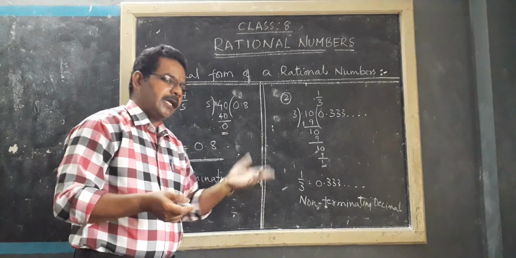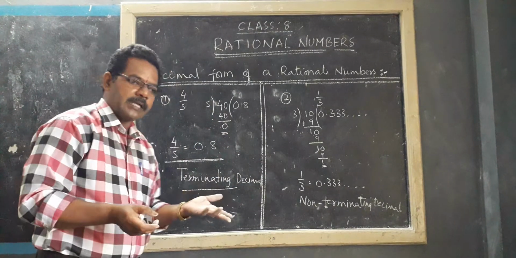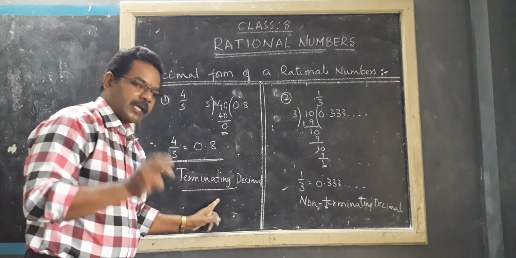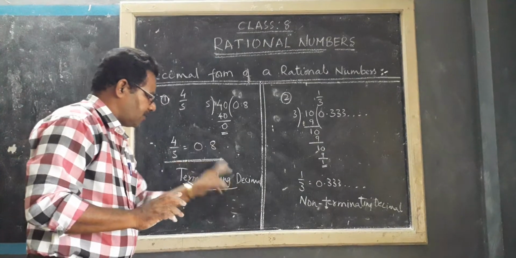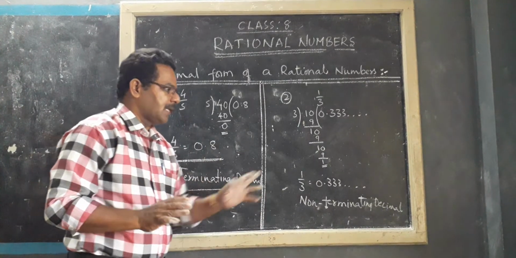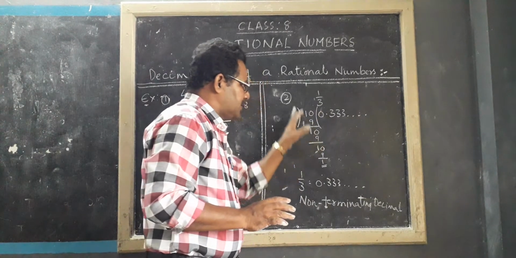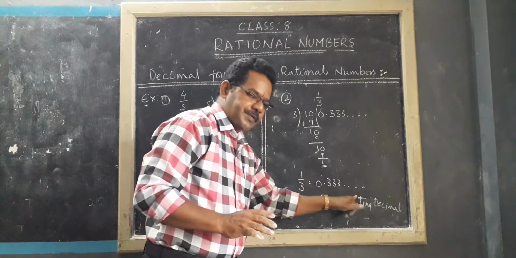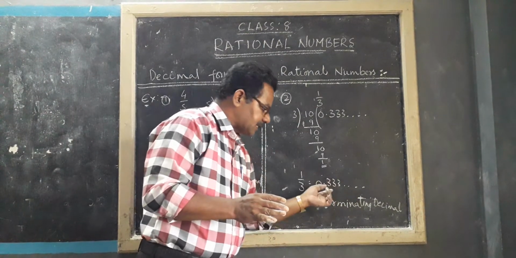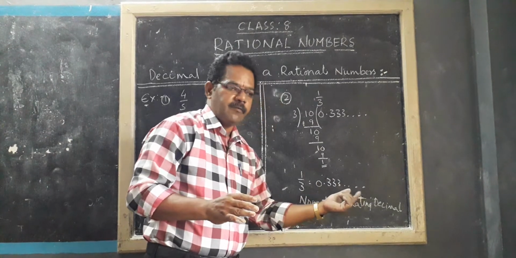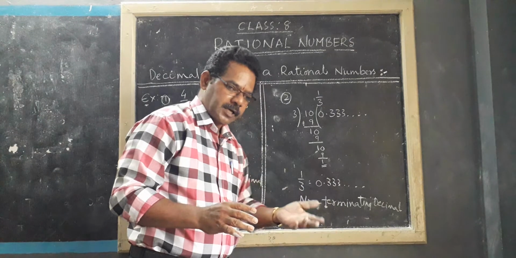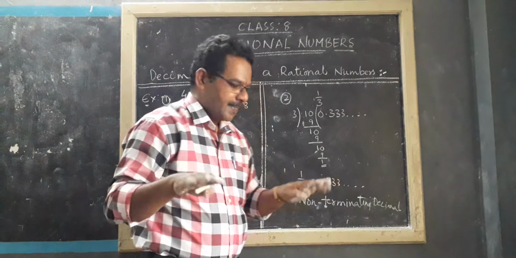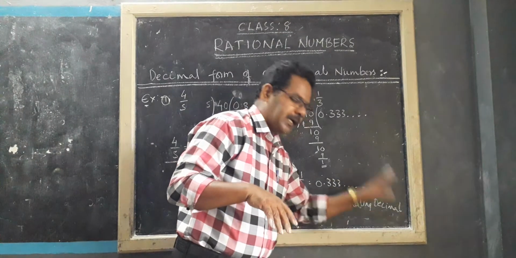Any example where you find 0 as the remainder, the division is called terminating division and the decimal is called terminating decimal. When you divide the numerator by the denominator, if you get a quotient that keeps continuing, with one, two, three or four numbers and no ending, then we call it non-terminating decimal.